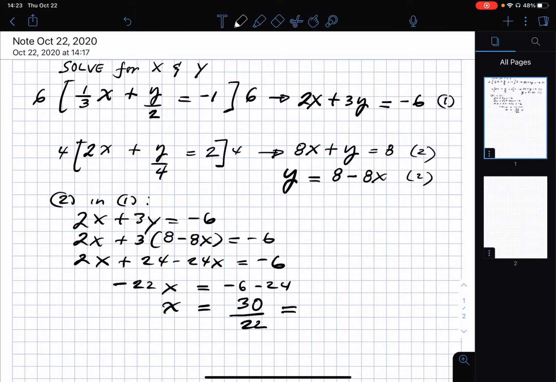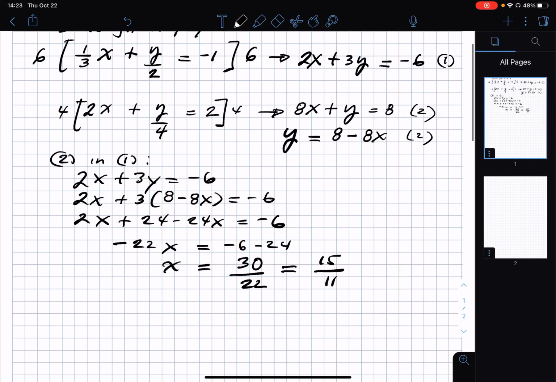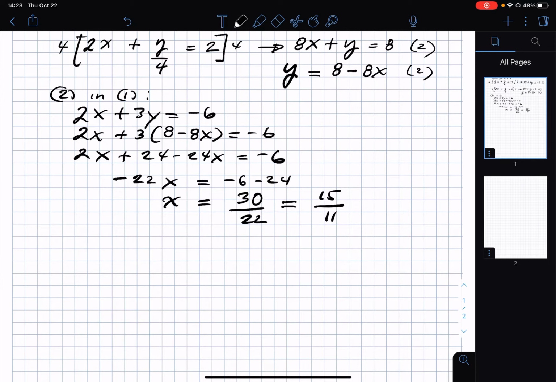Divide by 2. This will become 15 over 11. So that is the value of x. Then we substitute the value of x in equation 2. So equation 2, we have y equals 8 minus 8x.